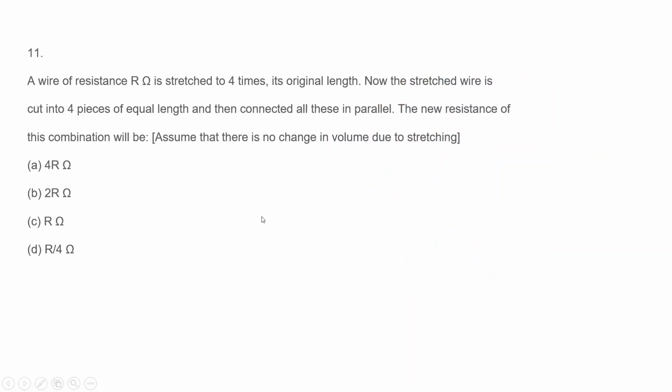Next question is, a wire of resistance R ohm is stretched to 4 times its original length. Now the stretched wire is cut into 4 pieces of equal length. Let me just draw this. So we have a wire whose resistance is R ohms, and next it's stretched to 4 times its length.